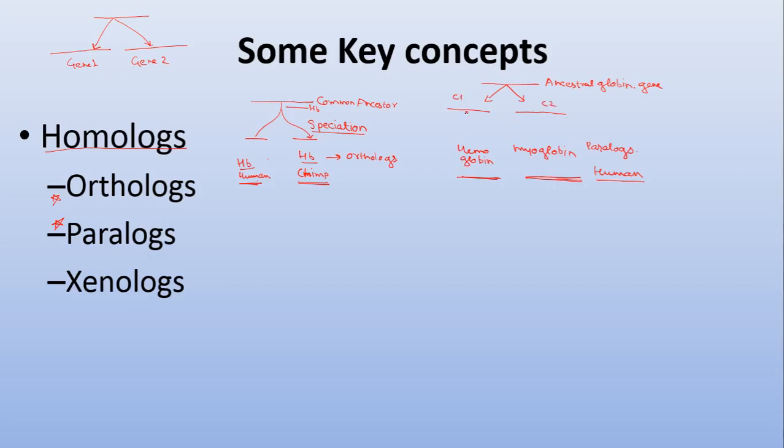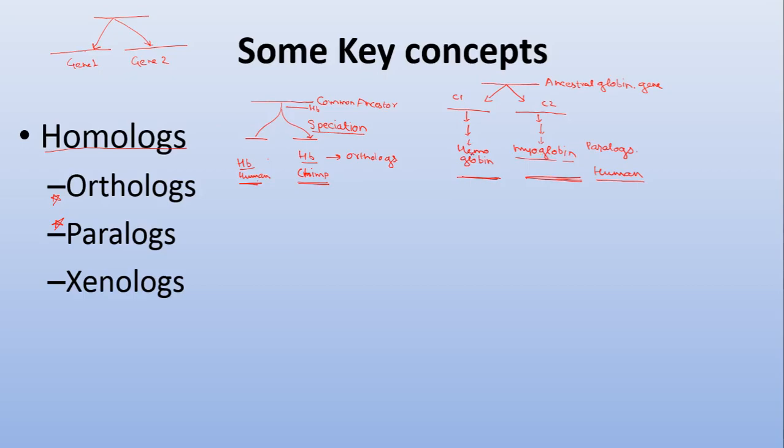Now this copy 1 might have acquired mutations and taken up the function of transferring oxygen, and hence we now call this gene hemoglobin. On the other hand, another copy of the same ancestral gene might have acquired some independent mutation and taken up the function of storing oxygen, and hence we say it has evolved into myoglobin.